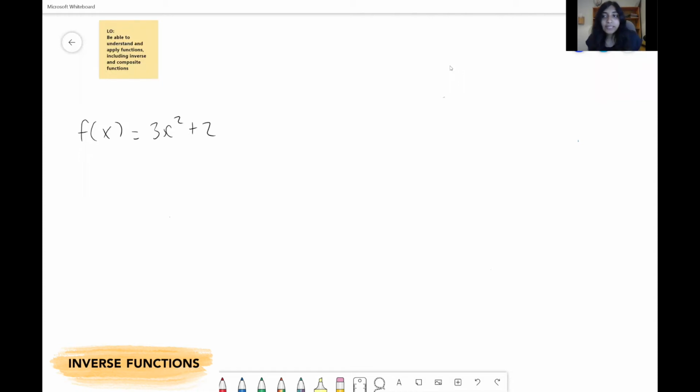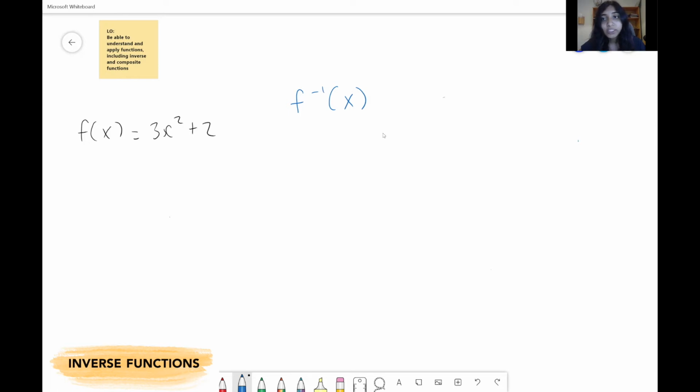So moving on to inverse functions. So an inverse function is basically just the opposite of a normal function. So the notation for an inverse function would just be f to the power of minus 1 of x. So an inverse function is one where you switch the domain and range around.